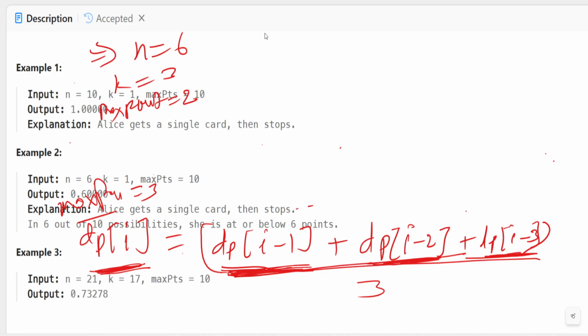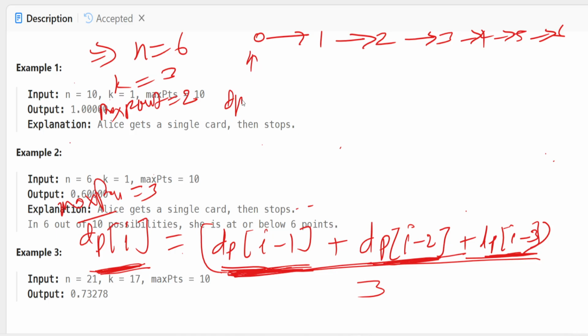If we represent it on the number line, we'll say 1, 2, 3, 4, 5, and 6. We know that very first we'll start at dp at 0, and it is 1.0. When we start from 0, it will spread to 1 and 2, equally, 0.5 each.